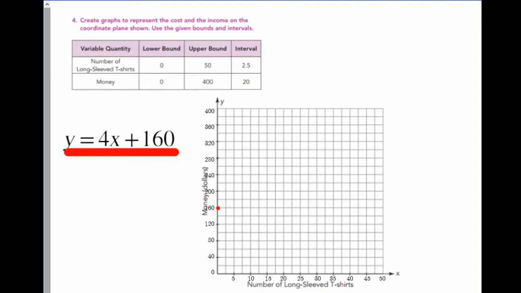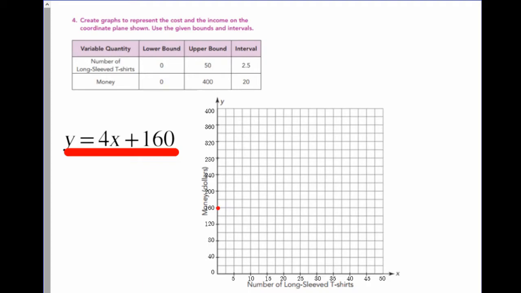And instead of going up 4 over 1 using slope, I'm going to simplify it. We already know some of the points from the chart that we filled in before. So we know that if we buy 10 shirts, it's going to cost us $200.